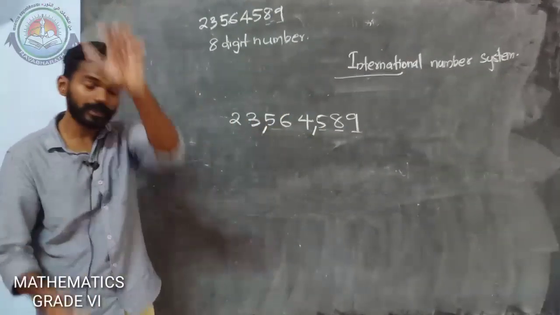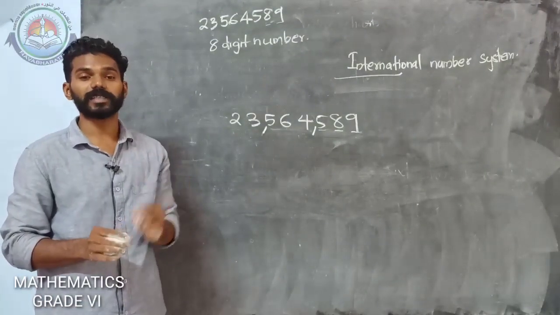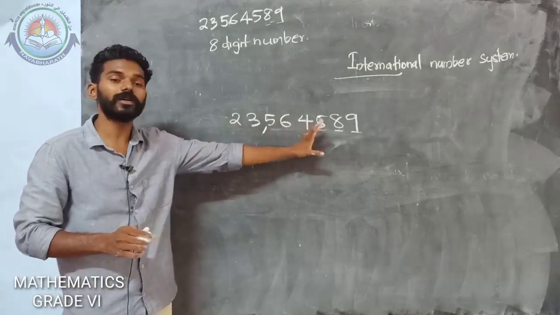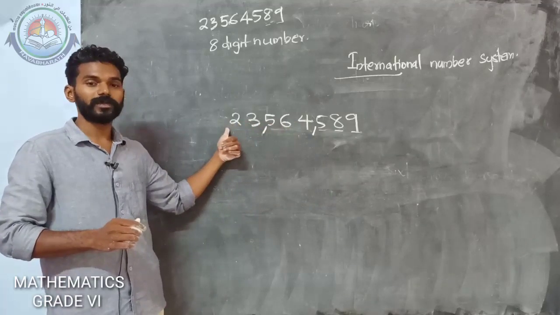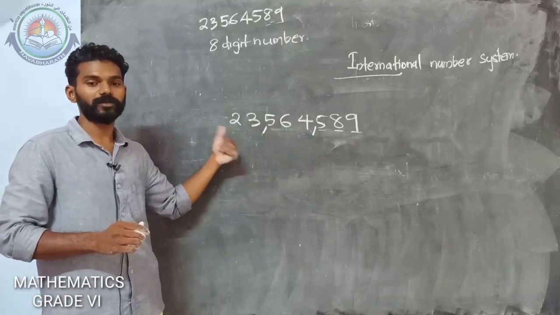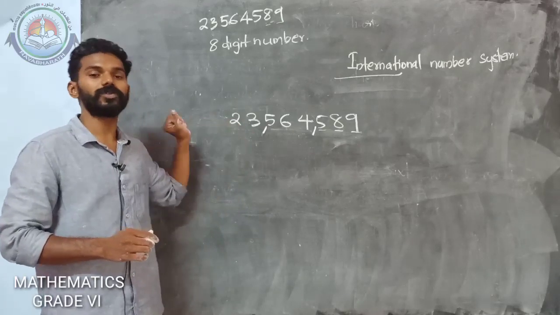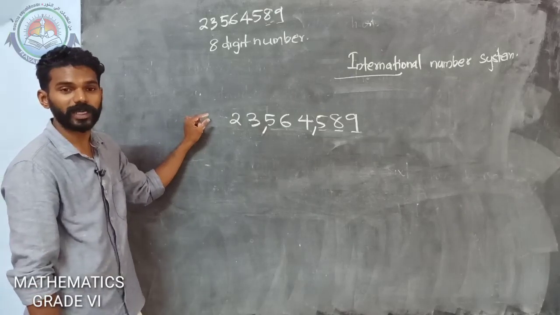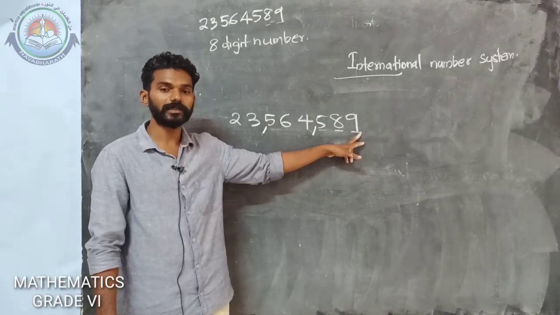So how can you write the number in expanded form? To write a number in its expanded form, you should consider the place values of each digit, starting from the greatest place value, which is on the left, and here it is 2. So this 2 represents which place? You can count from the rightmost end.